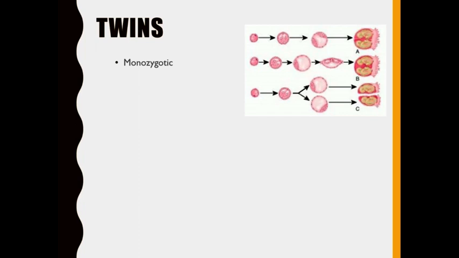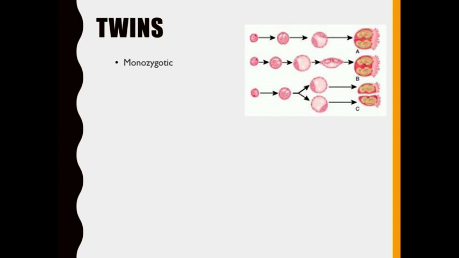The twins in row B are going to have a much more similar experience in the womb than the twins in row A, who are in separate amniotic sacs but have the same placenta. And the ones in row A are going to be more similar to each other than the ones in row C, where they divided so early that they actually formed their own placentas and their own amniotic sacs.